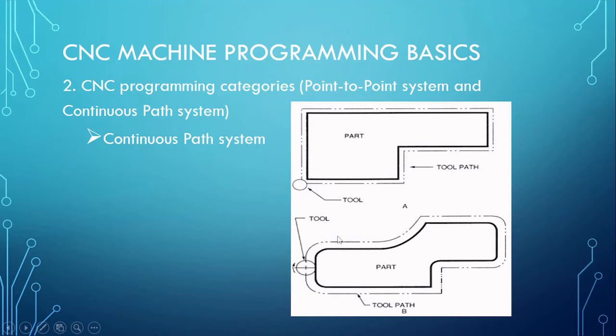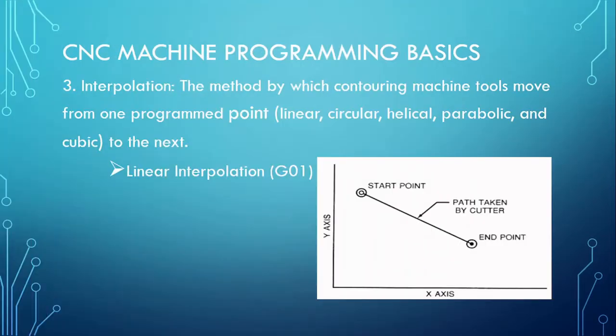And also here it is the same. It continues to be in contact with the workpiece as it travels from one coordinate to the other. So that's the difference between the point to point and the continuous path system for the tool movement.